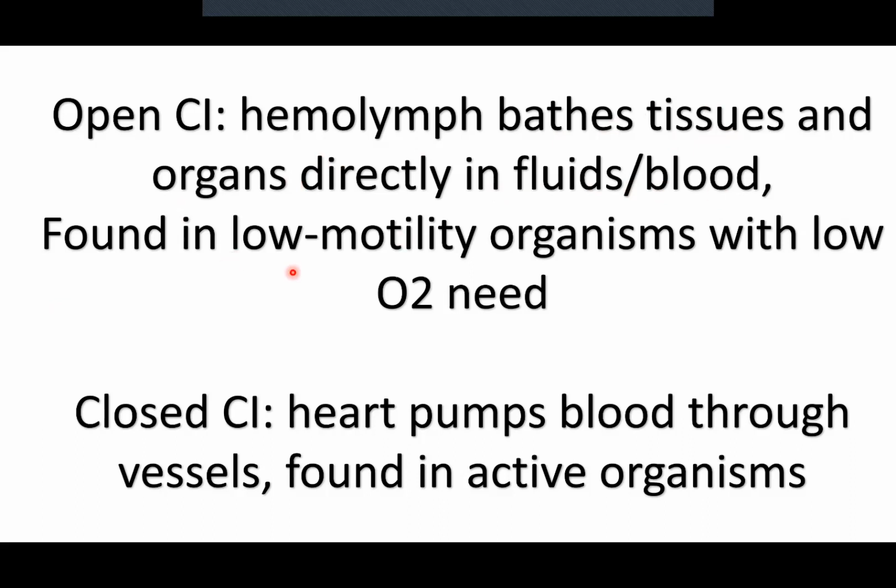And this is found in low motility organisms like clams, which have low oxygen needs. And then a closed circulatory system has a heart, which pumps blood through vessels to tissues and to cells. And this can be found in active organisms that need more oxygen, such as octopuses, which are predators and very motile.